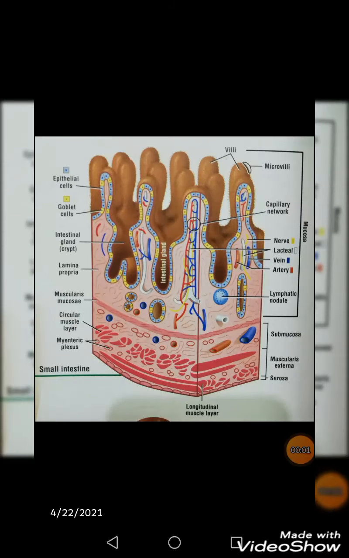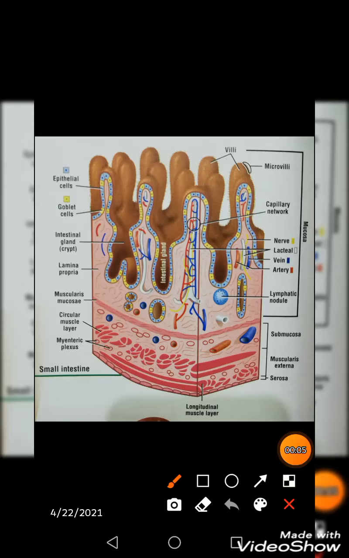Next to the villi, we will be discussing another important surface modification. These are the crypts of Lieberkühn, or intestinal glands. They are present in between the villi, deep down into the lamina propria of the mucosa.